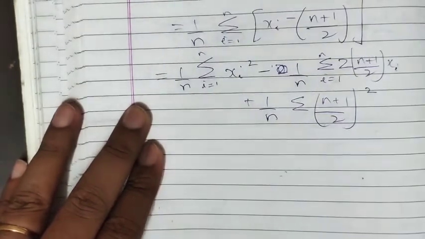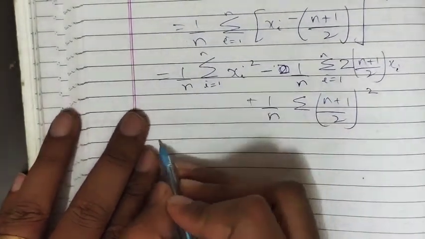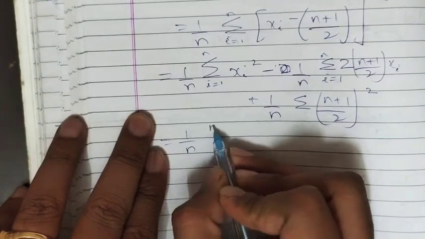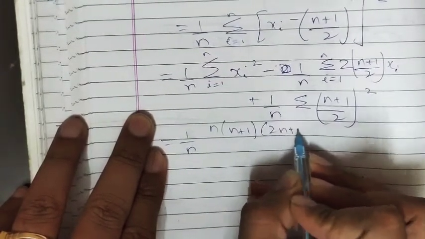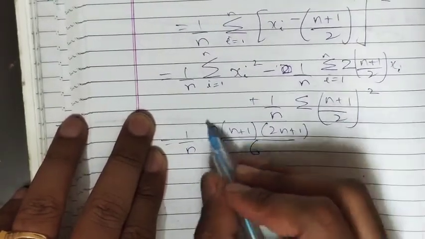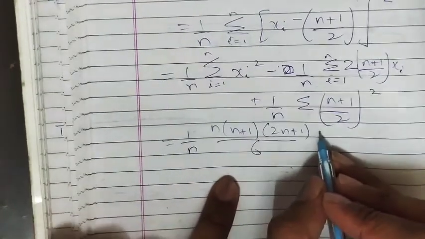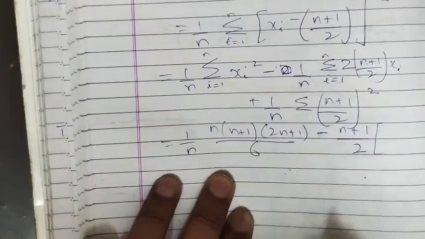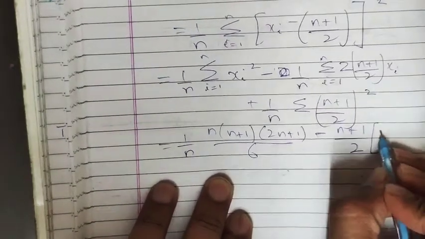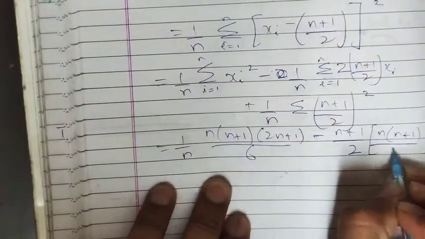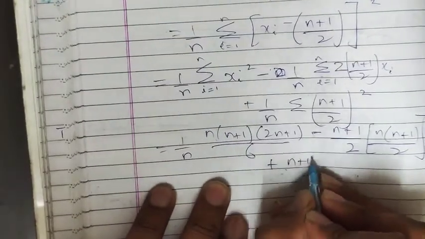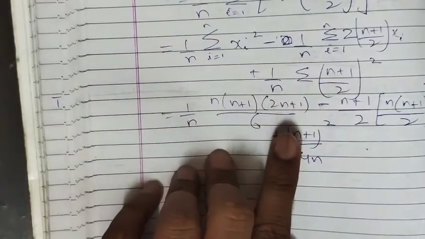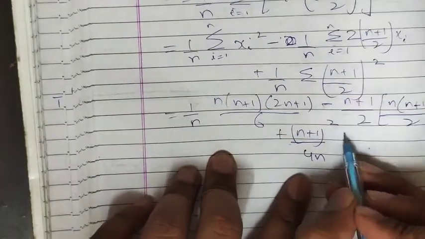Now sum of xi square is the sum of squares of natural numbers, the formula is n into n plus 1 into 2n plus 1 divided by 6, just remember these formulas, minus n plus 1 upon 2 times n plus 1 upon 2, plus n plus 1 whole square divided by 4, multiplied by n, right?